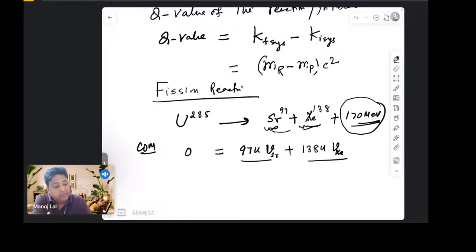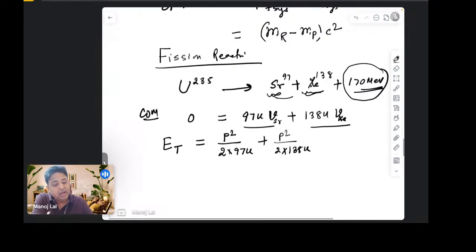So from energy we can say the total energy will be P square by 2 into the mass, 97 u, plus P square by 2 into 138 u.